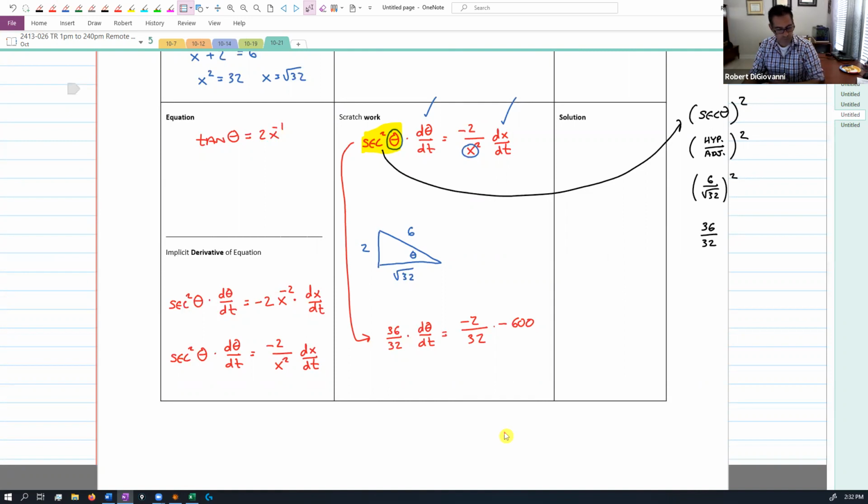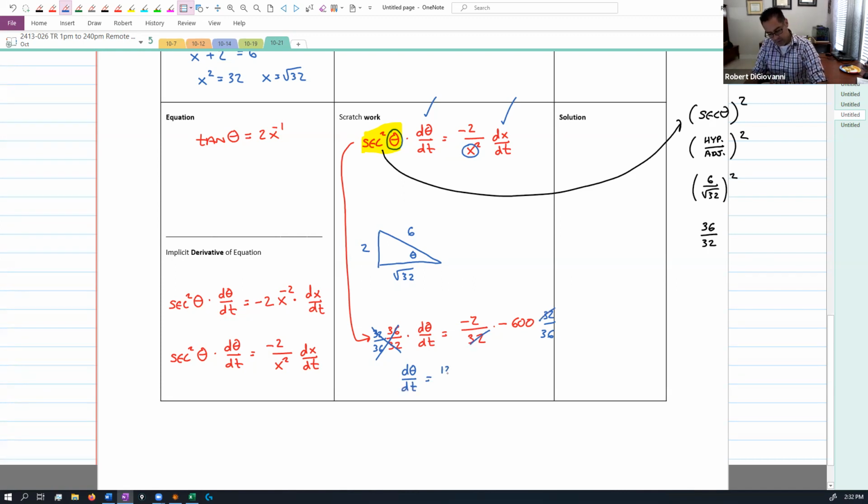I need to solve for d theta dt, so I'll multiply both sides by 32/36. I'll do that here and here. And here they go away. So I get d theta dt equals, over here, luckily for us, the 32s cancel.